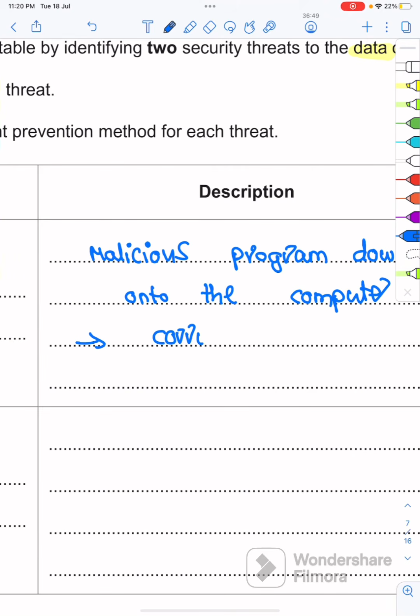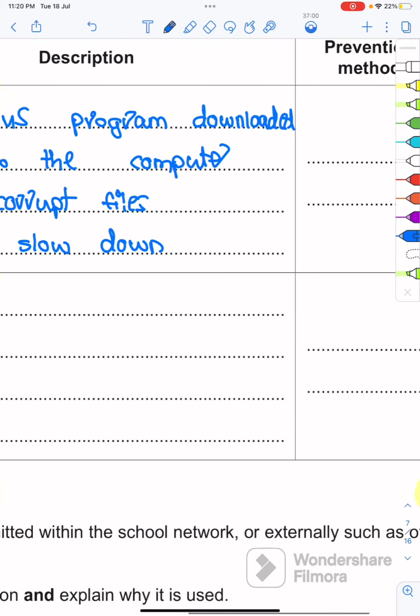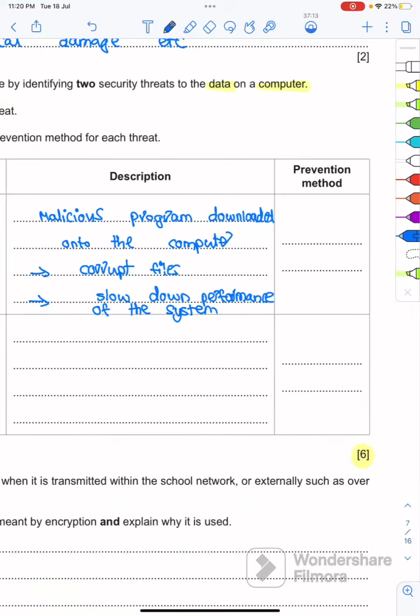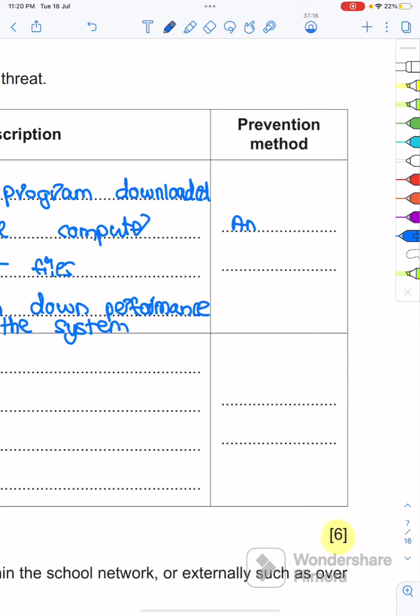It will corrupt files and it can slow down the performance of the system. Right? And ways to prevent it: use antivirus utility software.